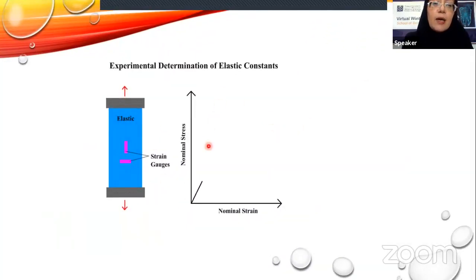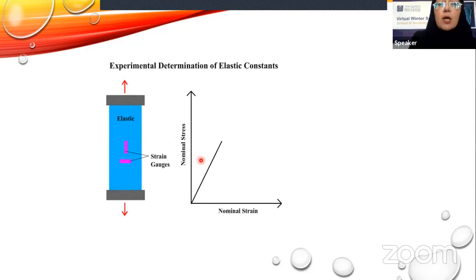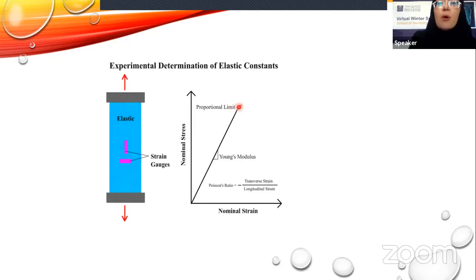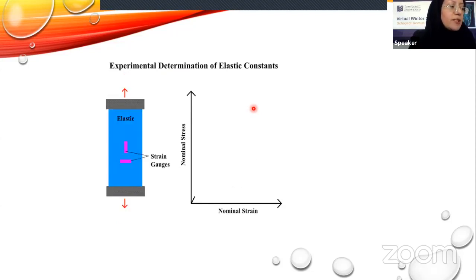Here we can see this material subjected to tensile forces goes up to here. Here is the proportional limit and also the elastic limit, which means that the applied forces on this material are just in the elastic region.